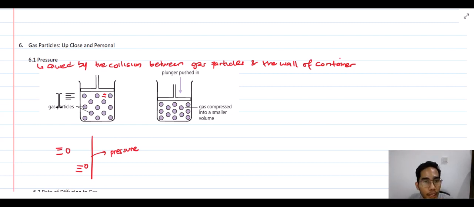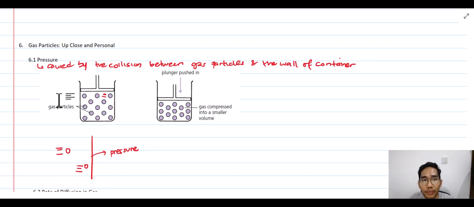Now, when the volume of the container, the space, is reduced, then the collision between the gas particles and the wall of the container will become more rapid, right? And that's when the pressure increases.